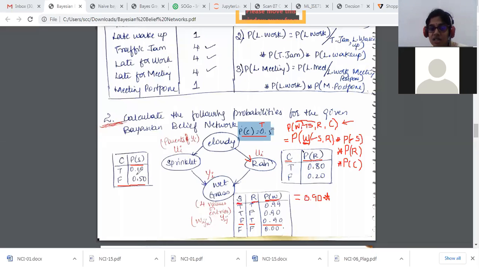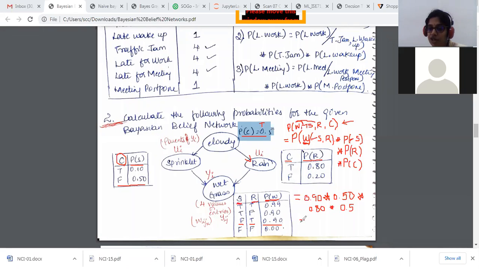You can see this value that I'm already going to get with respect to cloudy. So I need not write again probability of cloudy because I'm already getting this part from this. Okay. So probability of S is going to be 0.50, into the next, 0.80, into probability of C, which is given to us directly, 0.5.